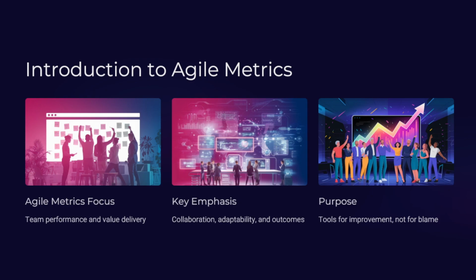Agile metrics are designed to measure performance in a way that supports collaboration, adaptability, and value delivery, unlike traditional metrics, which often focus on individual output or resource utilization. Agile metrics prioritize outcomes and team dynamics. They serve as a tool for identifying opportunities for improvement, not just for assigning blame to someone.